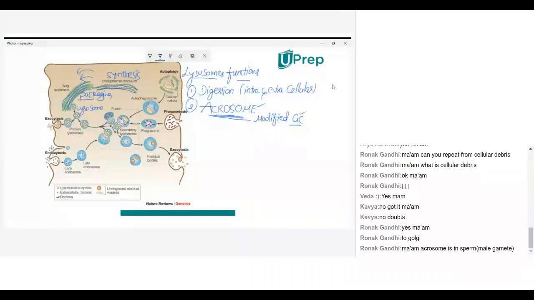Yeah, Ronak, but it will be in the sperm, the male gamete. I'll explain that. Suppose you take the male gamete, assume that this is the male gamete, sperm.